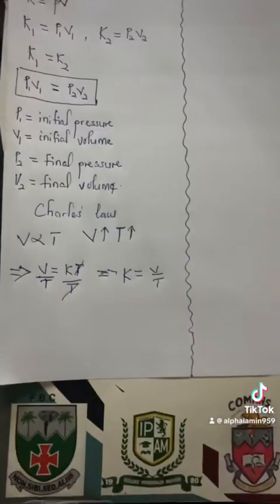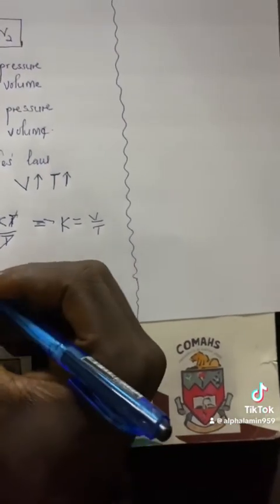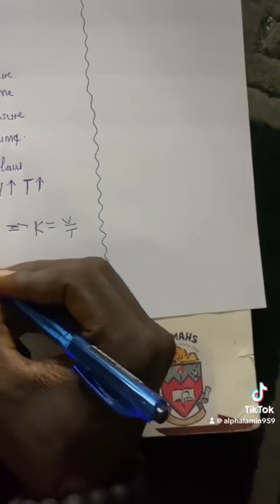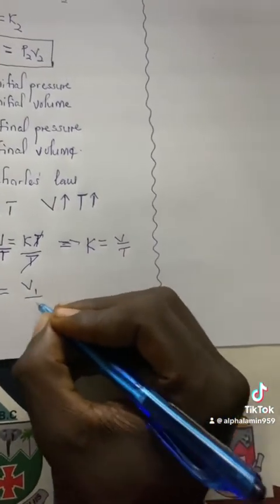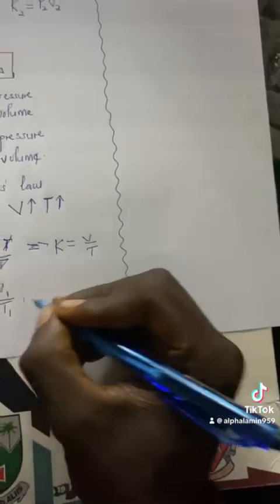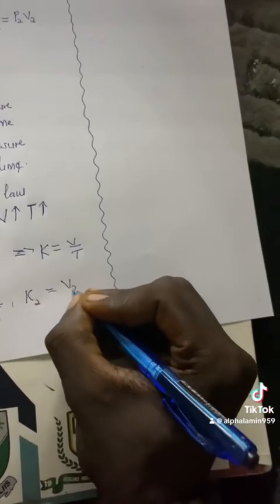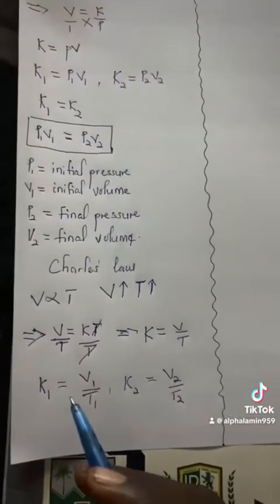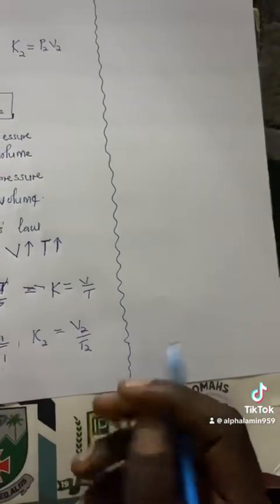K is V over T. As I stated earlier on, we have initial conditions and final conditions for a gas. So we have K1 equals V1 over T1, and K2 equals V2 over T2.